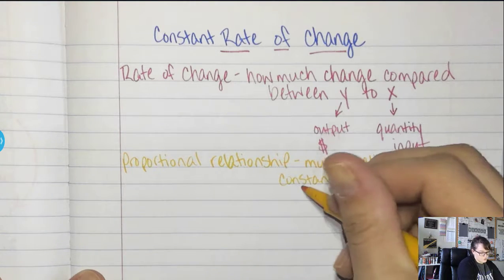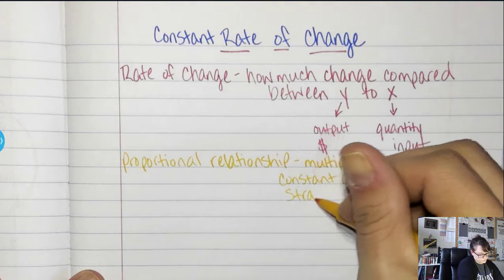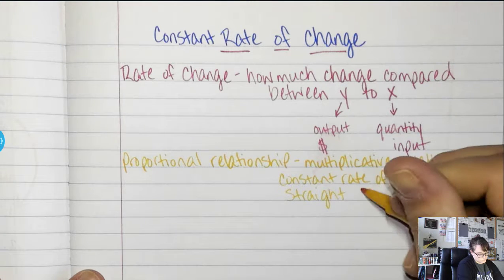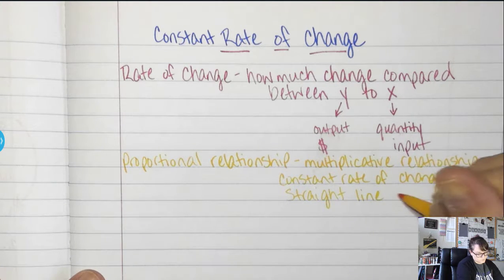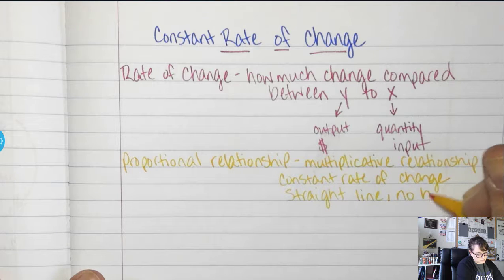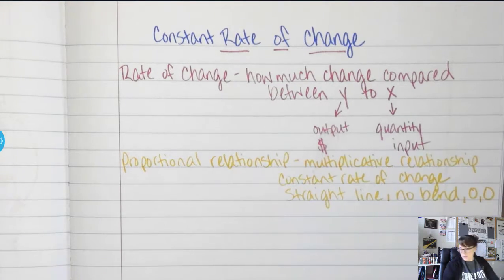Let's go ahead and add that straight line. No bend. And it goes through 0, 0. Because if I buy 0 things, I spend $0. Make that a semicolon so it doesn't look like it.